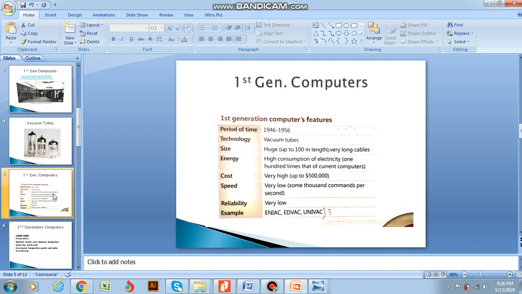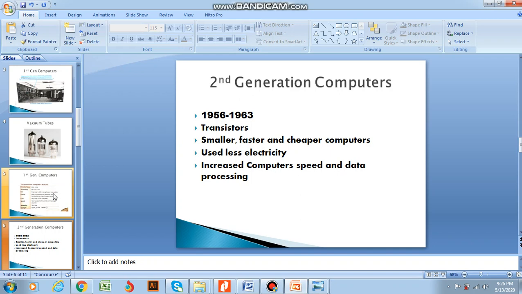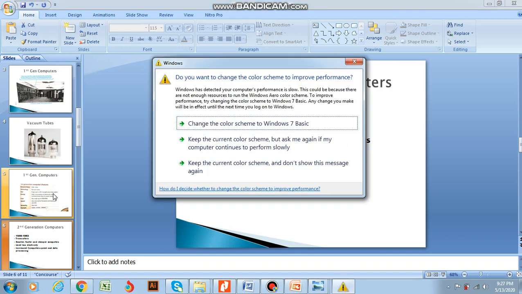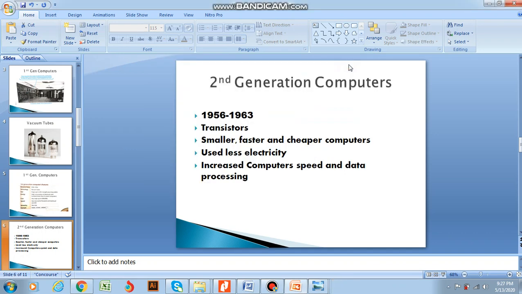Okay, so let's talk about the second generation computers now. Second generation computers lasted between 1956 till 1963. They were using the technology transistors. A transistor is basically a small electronic switch with a low cost and long life. Transistors replaced vacuum tubes.